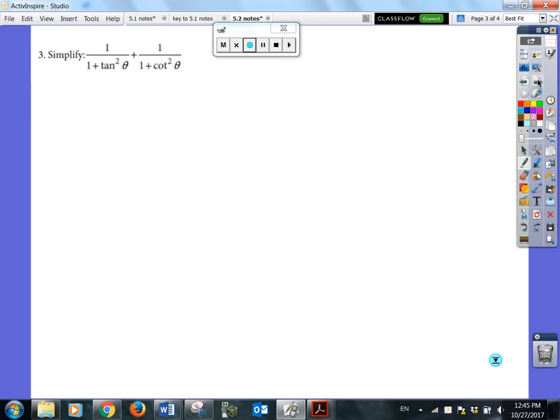If you look at your identity sheet, 1 plus tangent squared theta is secant squared, and 1 plus cotangent squared theta is cosecant squared. Your second and third Pythagorean identities. So this ends up being 1 over secant squared theta, 1 over cosecant squared theta.